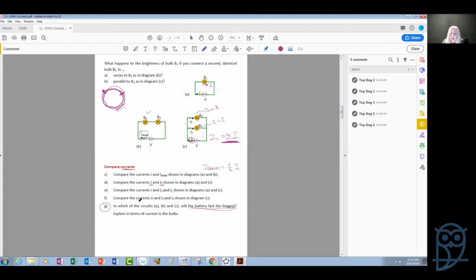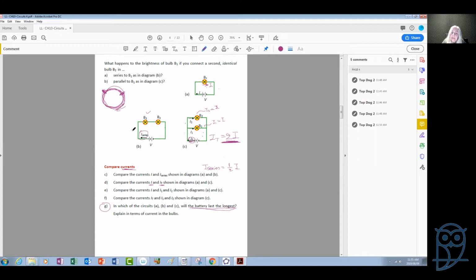Well, obviously, the battery that will last the longest is the battery that transfers energy at the slowest rate, isn't it? And which battery transfers energy at the slowest rate? It's where the current is the smallest.